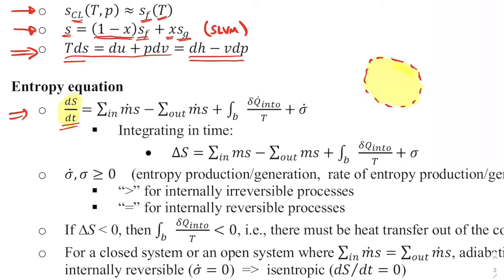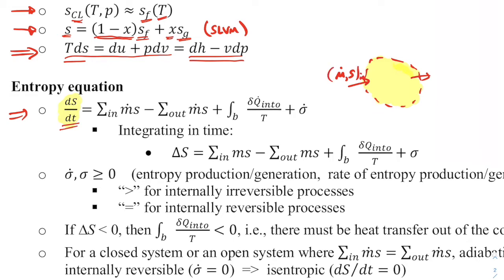And with our control volume, it's possible you have some flows of materials coming in and out of the control volume that bring in their own entropy and then take out some of their entropy. So, for example, here there may be some mass flow rate coming in, and it has some entropy coming in. We'll just call that in.